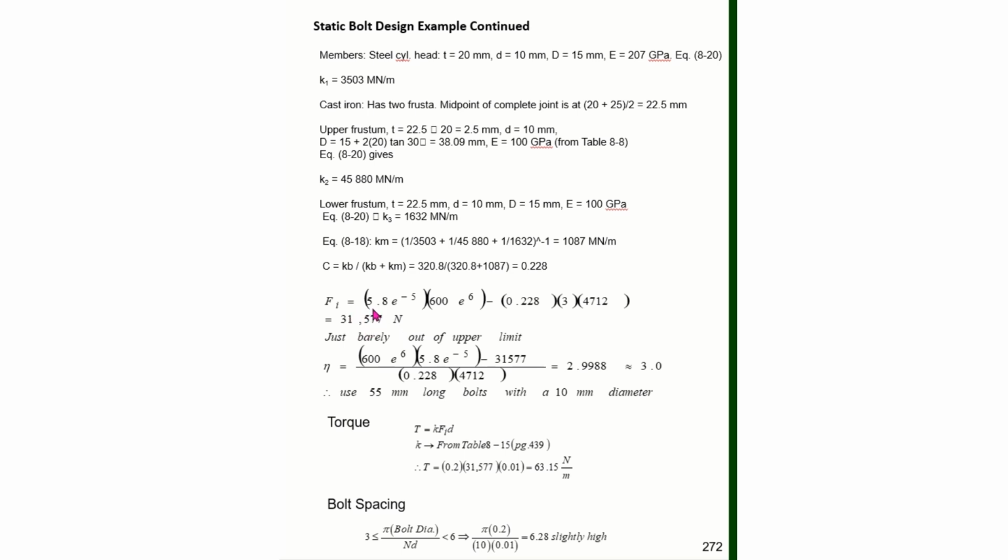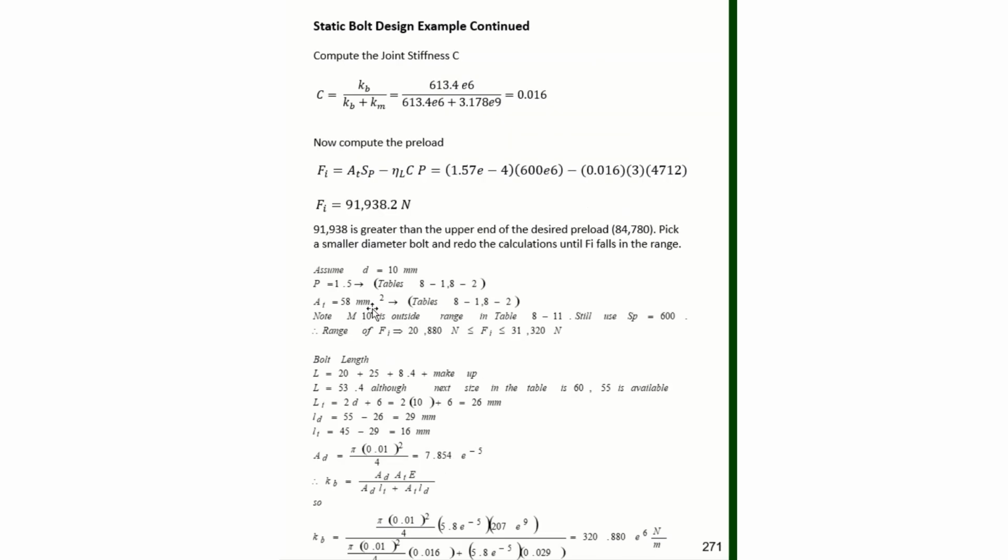And if we wanted to make sure that these bolts would carry the load, we would use this 10 millimeter diameter bolt. So it's important to note that when you pick a new bolt diameter, you have to do the entire process again, including computing a new preload range.